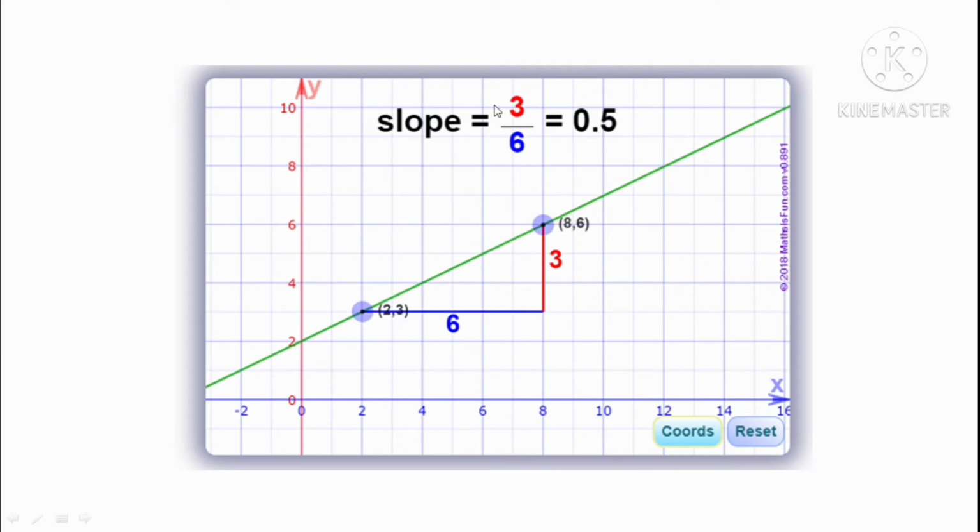So the slope is 3 over 6, which equals 1 over 2 or 0.5, and you can also count the boxes here to get the gradient.